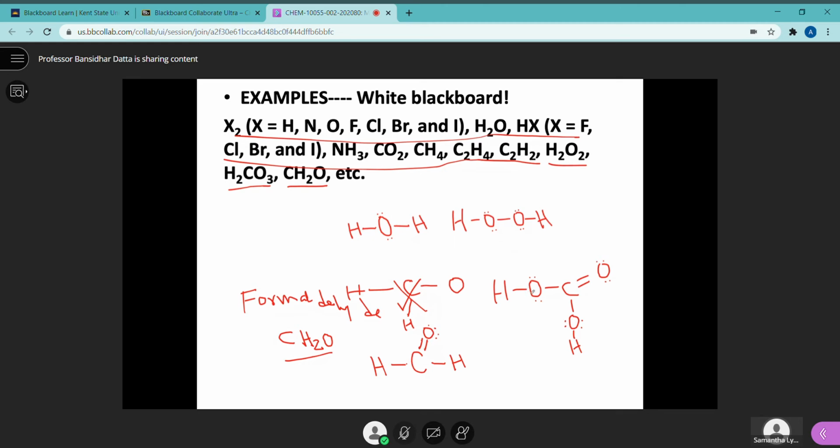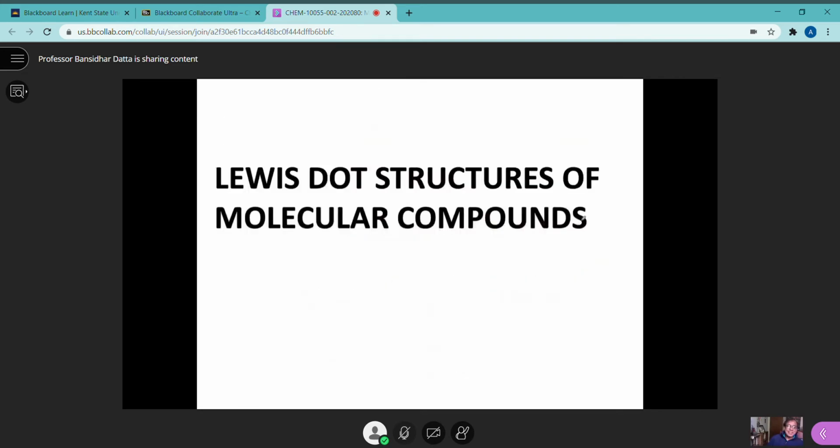For example, the H2O one up there, with the two H's and the oxygen in the middle, the one next to it, would that also be H2O? This is H2O2. Oh, okay. My bad, I was confused. I'm comparing the two side by side. Okay.